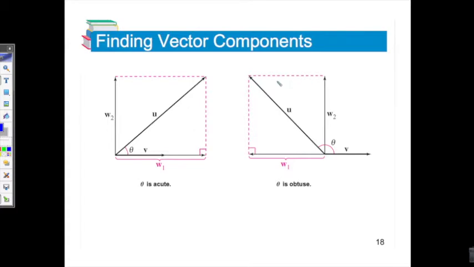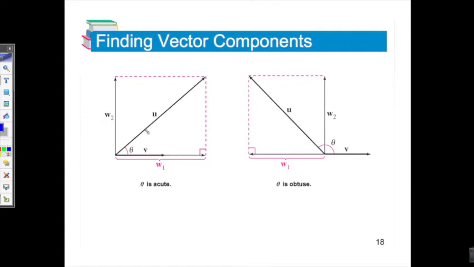So when we're finding vector components, whether it's at an acute angle or an obtuse angle, what we want to do is try and create two different orthogonal vectors, one W1 and one that is W2. And what's going to happen is when you add together W1 and W2, the resultant would be your original vector u.